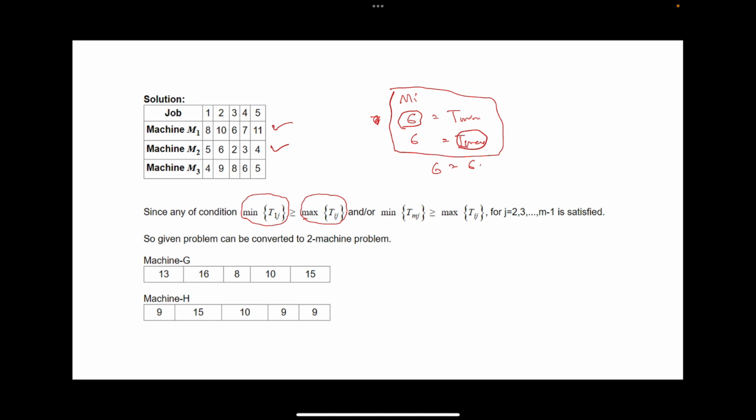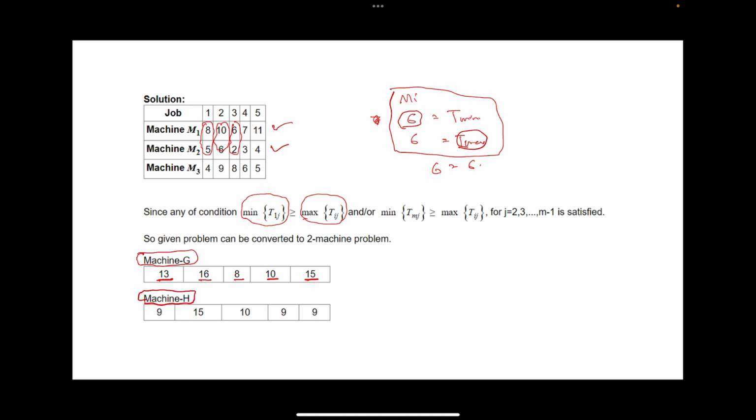So if this condition is valid, then we can sum these times and convert them into a single machine. In this case, 8 plus 5 is 13, 10 plus 6 is 16, 6 plus 2 is 8, 7 plus 3 is 10, 11 plus 4 is 15. So we are reducing the three machines into two machines, that is machine G and machine H.